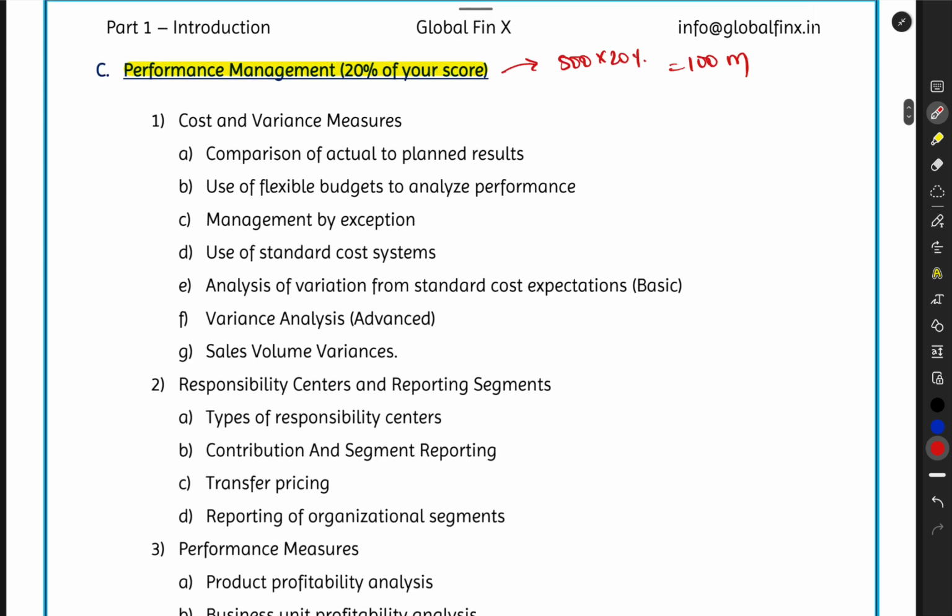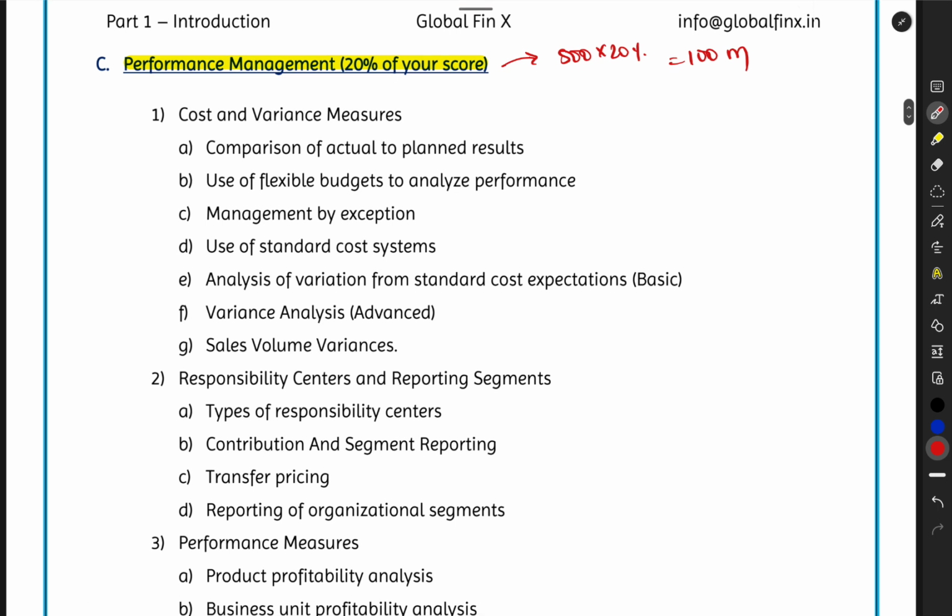Understand in simple terms, I'll give you a very short explanation of what performance management is. If in an organization, as per your budget, you are expected to make a profit of 20 million, whereas the actual profit achieved for that period is 16 million, can I say 80% of the target is achieved?